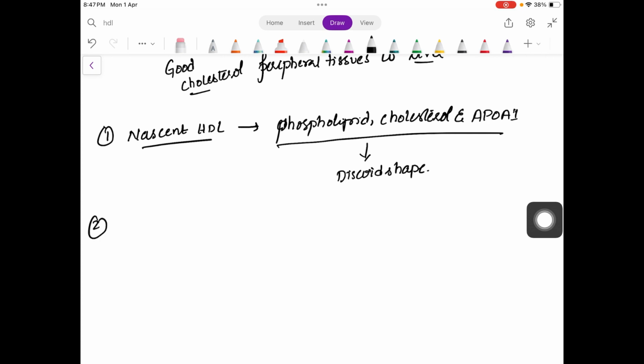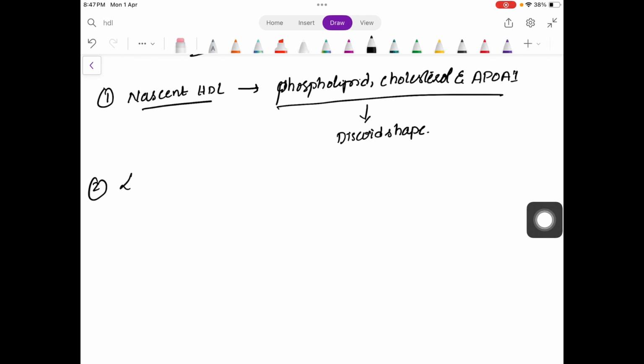Next one is we should learn about LCAT. This LCAT is called lecithin cholesterol acyl transferase.